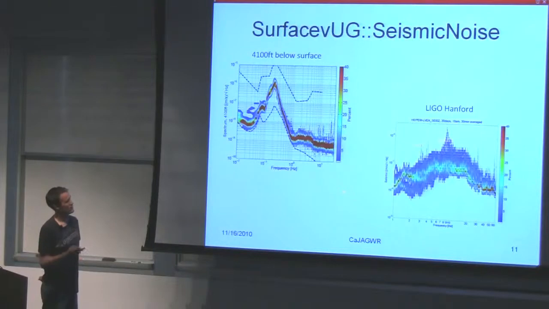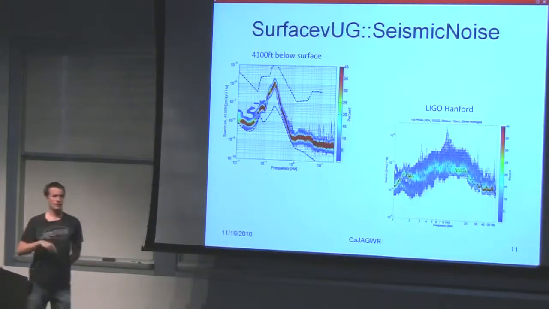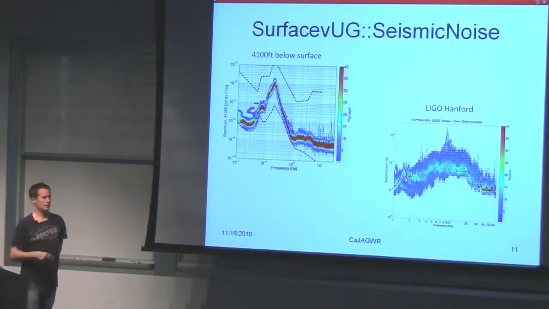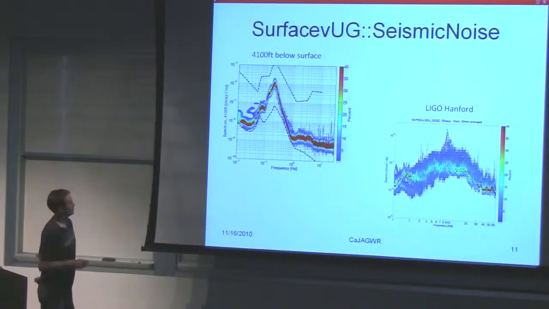By the way, Hanford is noisier at these frequencies than Livingston. Now if you look at our Homestake spectrum, you are below 10 to the minus 9. So that's a factor of 100, and that's exactly what we need for third generation. So the question only is if we really have to go that deep underground to get this.